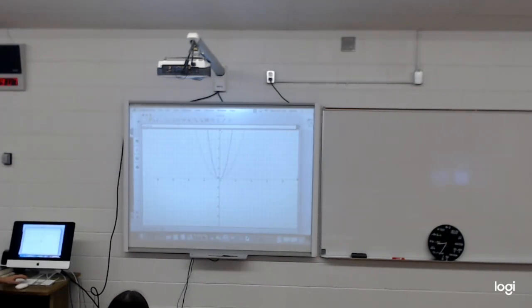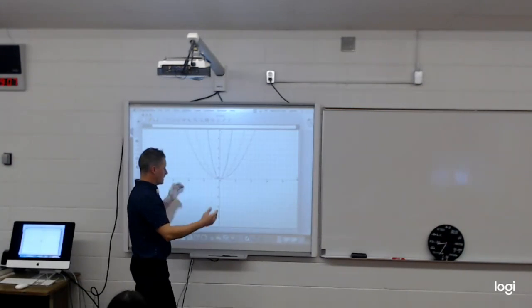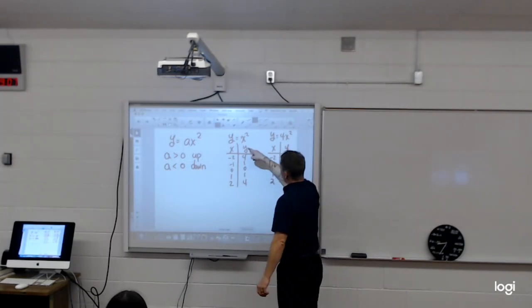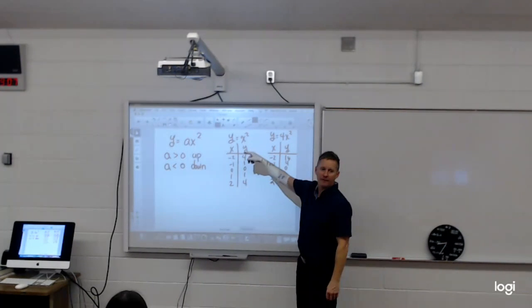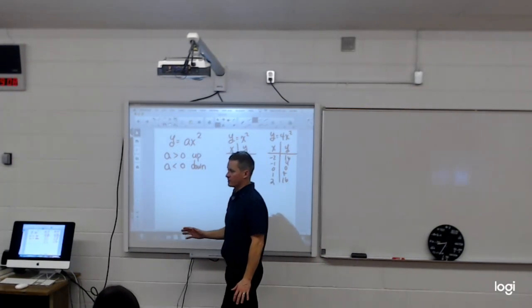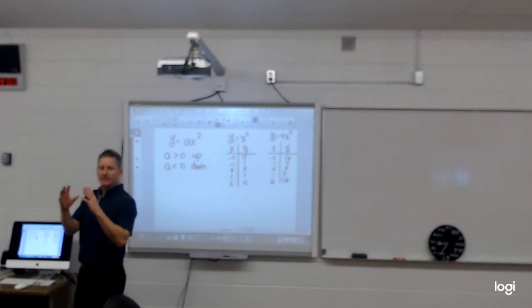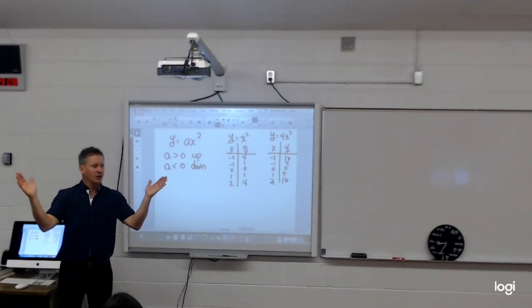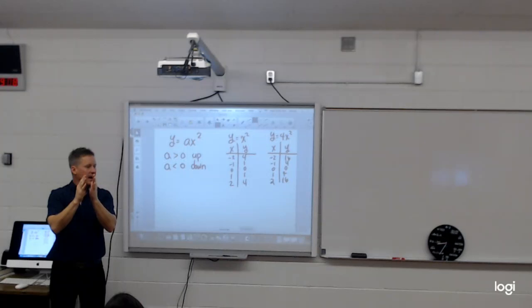It's going to go up wider, right? There it is on the outside there. Okay, so it goes up wider because I would multiply all these values by 1/2. So it's going to go 2, 1/2, 0, 1/2, 2. So far, so good. So by adjusting the a value, I can determine how wide or narrow the graph is.